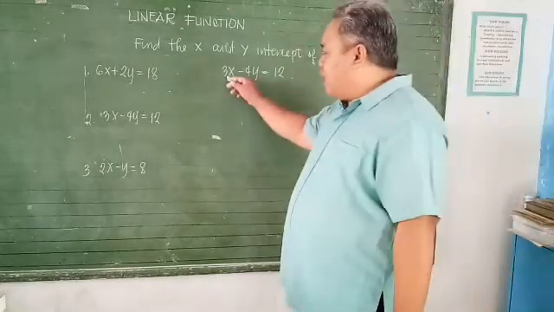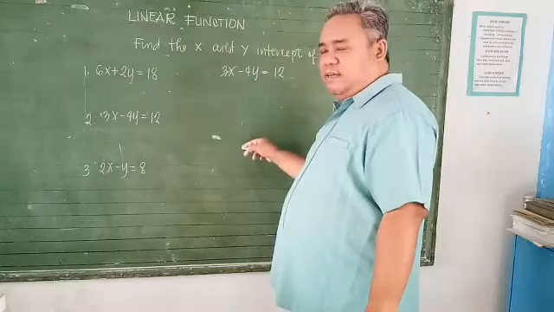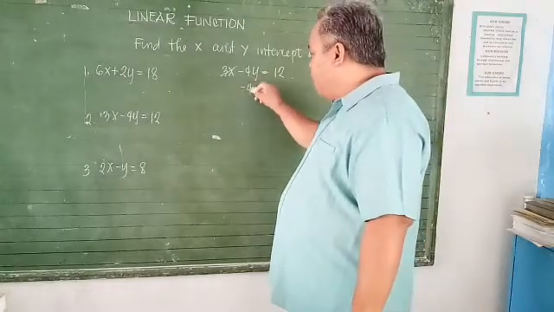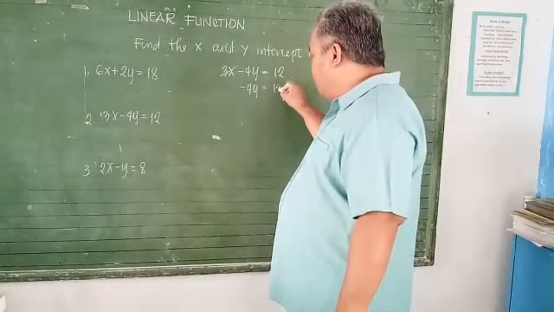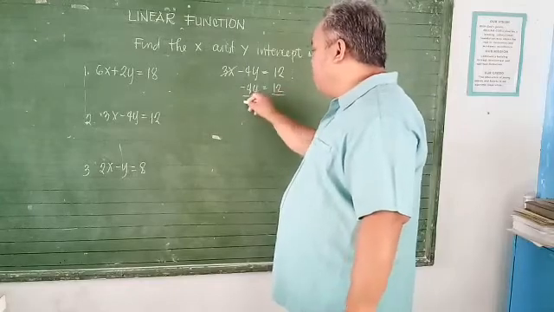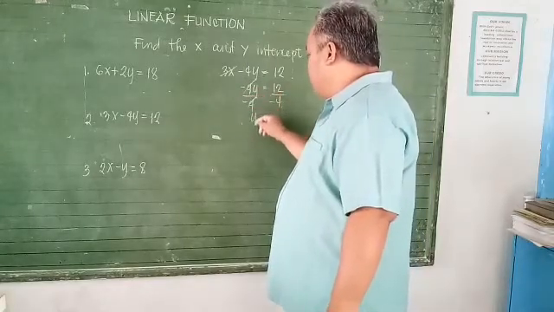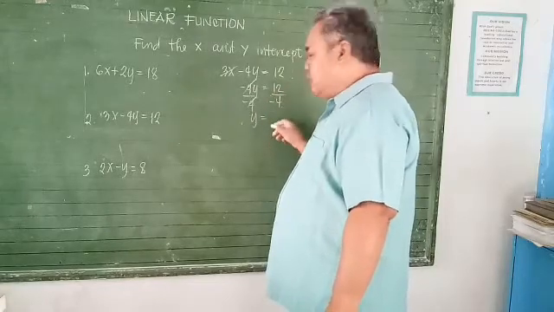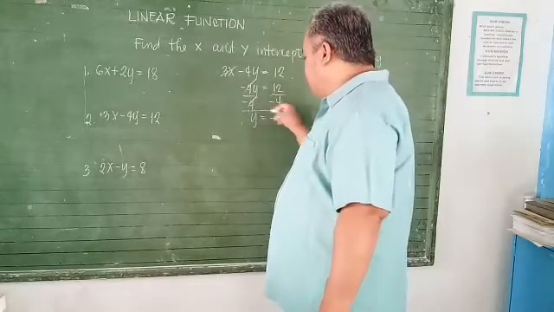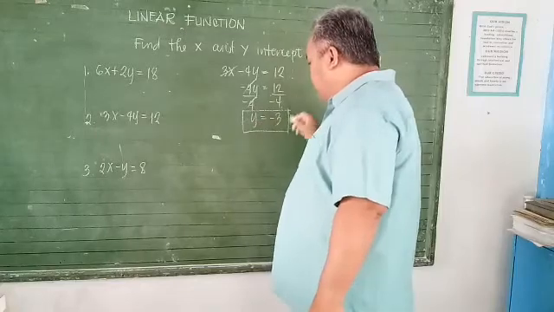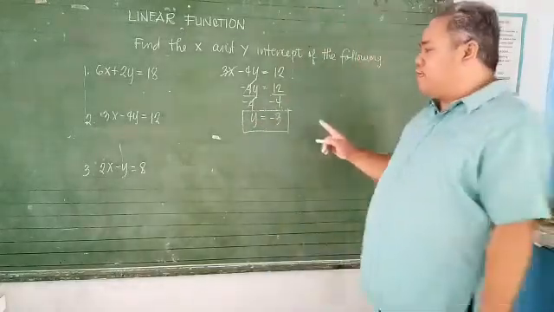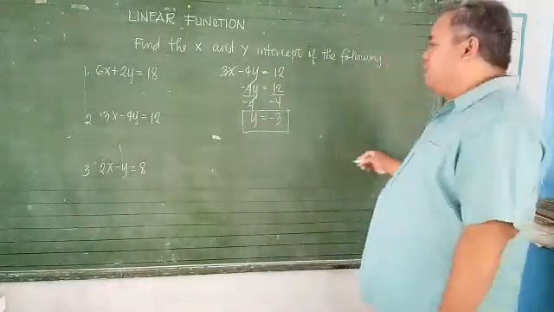So let us cancel the 3x here. So may negative 4y is equals to 12. And then divide both sides by negative 4, which is the common coefficient of y. So y is equals to negative 3. So it means that the line of this equation will touch y at negative 3.